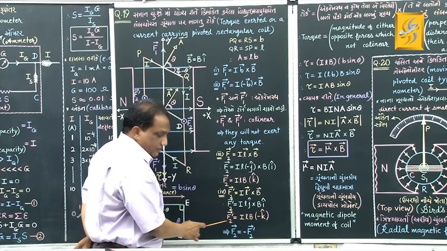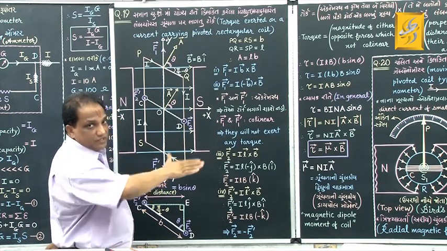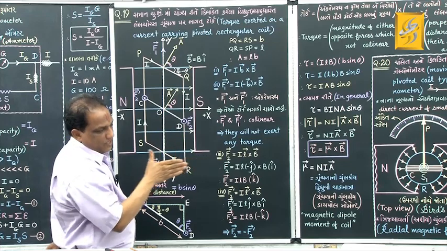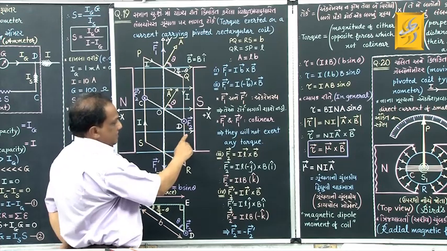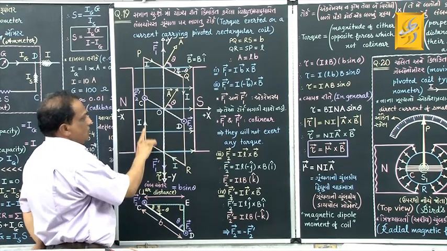How will you find out direction of this using right hand palm rule? Very simple. This is right hand palm, fingers are pointing in the direction of magnetic field, correct? And thumb is pointing in the direction of current.